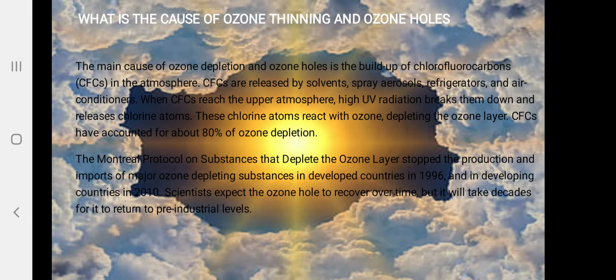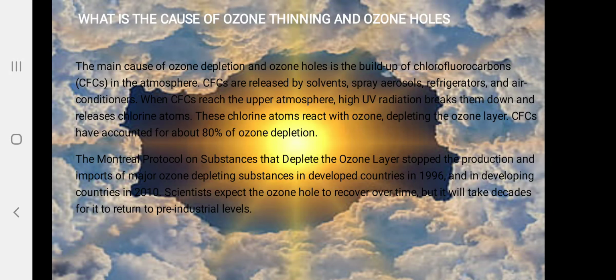What is the cause of ozone thinning and ozone holes? We've studied about ozone thinning. But what are ozone holes? In the polar region and in Antarctica, a few scientists recognized that even the ozone layer is getting holes in it. That's a matter of concern.